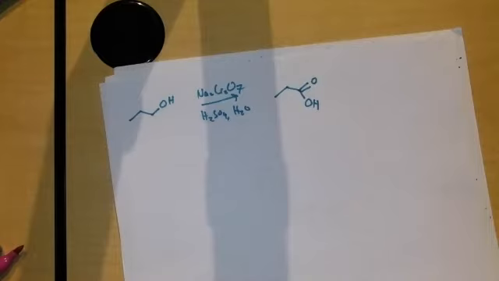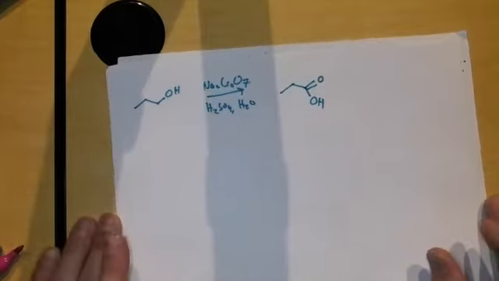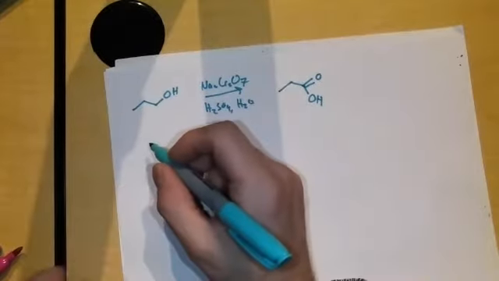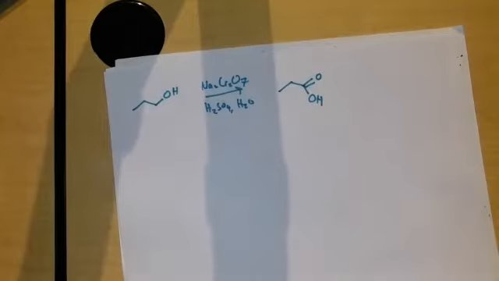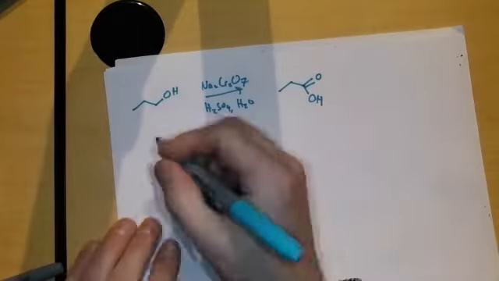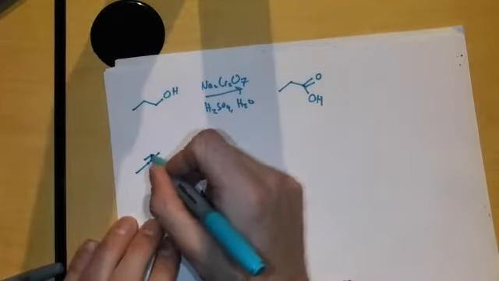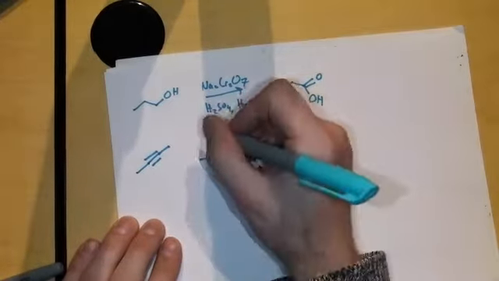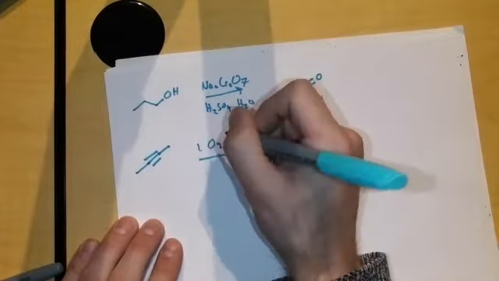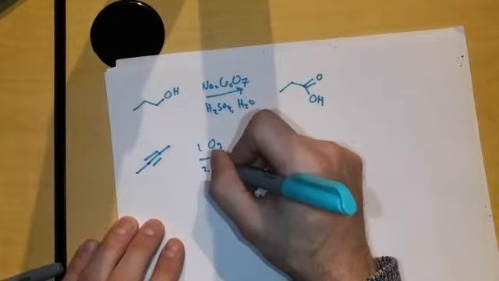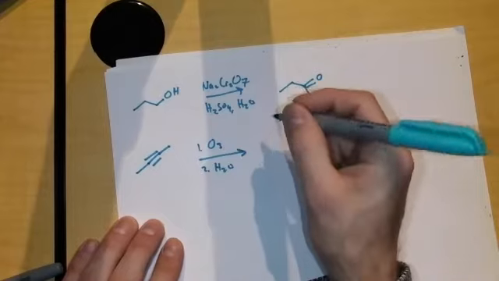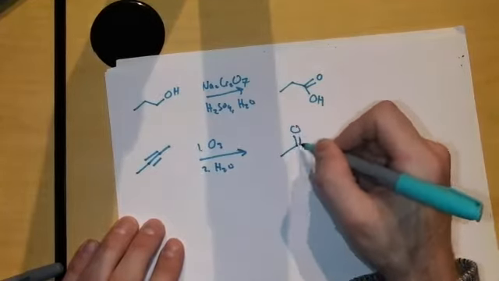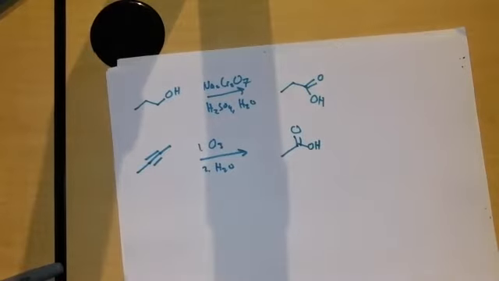We also know that if we take an alkyne, throw in ozone and water, we can also oxidize this to a carboxylic acid.